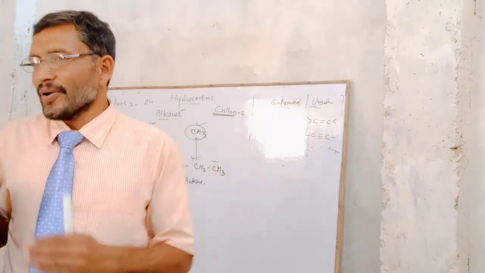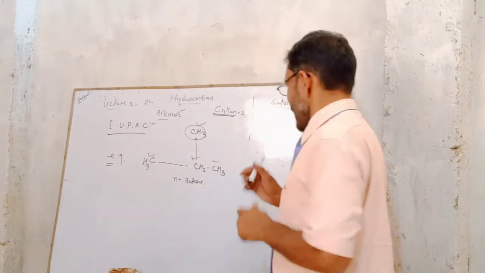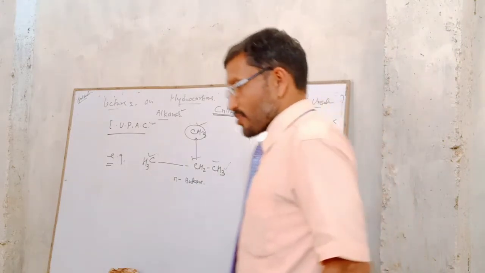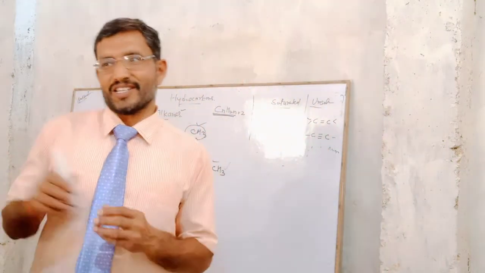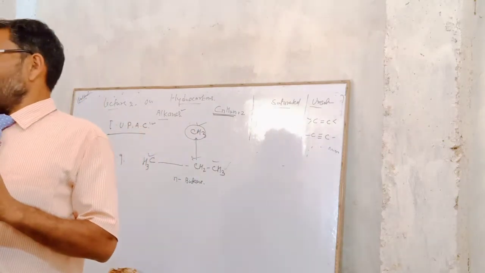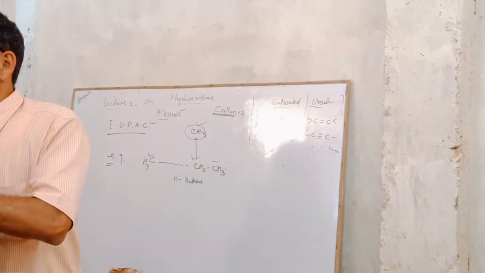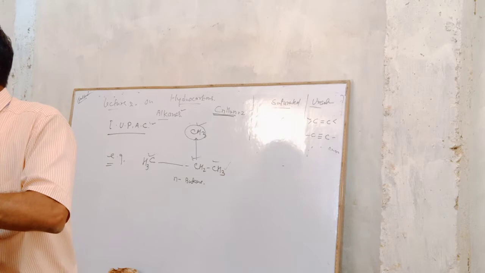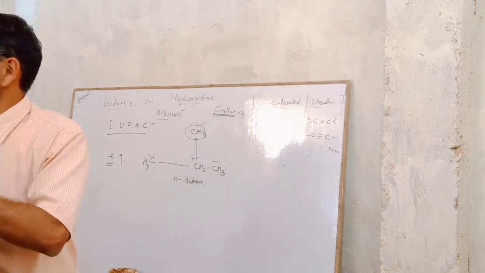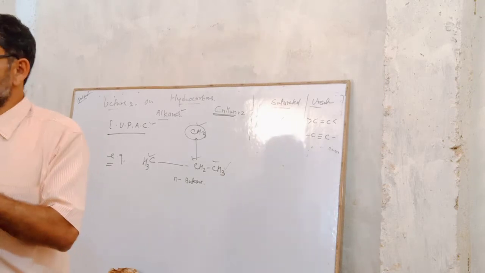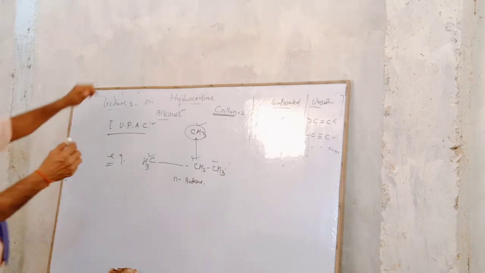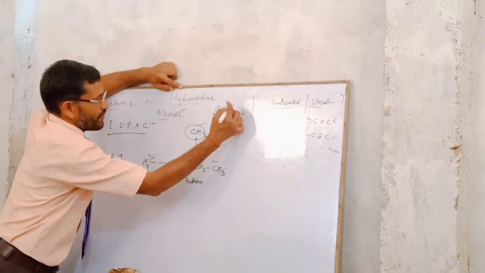Isomer of butane. When I say it's the isomer, what do you mean by the isomer? Isomers are compounds that have the same molecular formula but different structural formulas. What is the formula for butane?